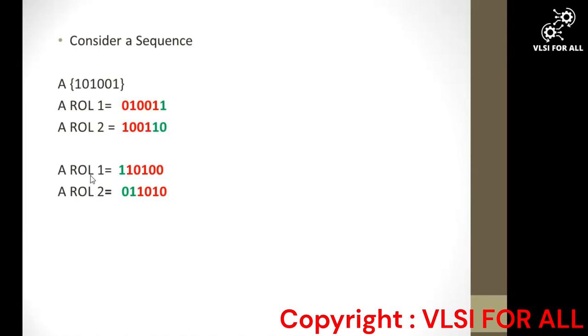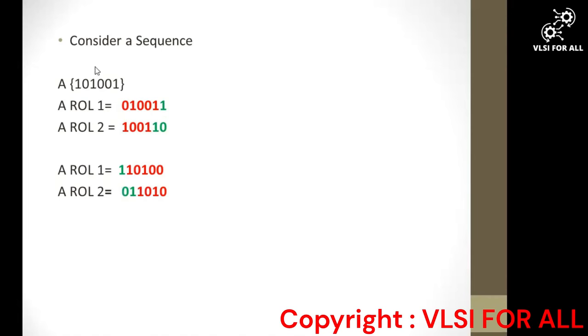So if we perform A ROR 1, it will shift towards the right, and the bit that will come here is 1. And similarly A ROR 2, then these positions will be vacant.